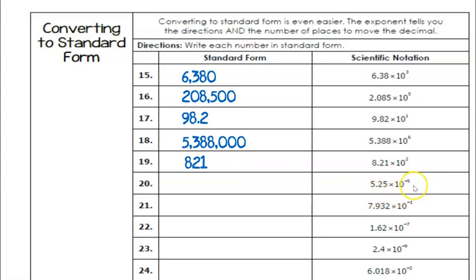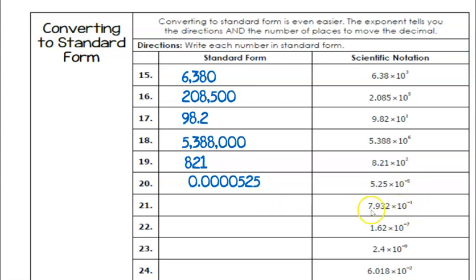Okay, now let's go to negative exponents. So with negative exponents, if we have 5 and 25 hundredths, if it's a negative, we're going to move that decimal to the left, okay? And it's going to make it a large decimal. Okay, so here, when we do that, we have 1, 2, 3, 4, 5. So that's going to be a very small number.